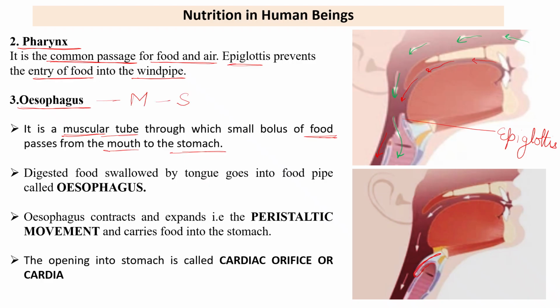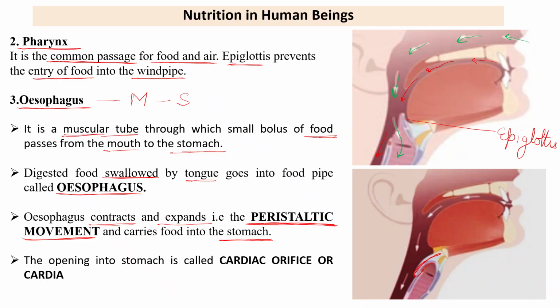Now the food which is swallowed goes into the food pipe called esophagus, and esophagus contracts and expands, and this contraction and expansion of the esophagus is known as peristaltic movement. And due to the peristaltic movement, the food is able to move downwards into the esophagus and reaches the stomach.